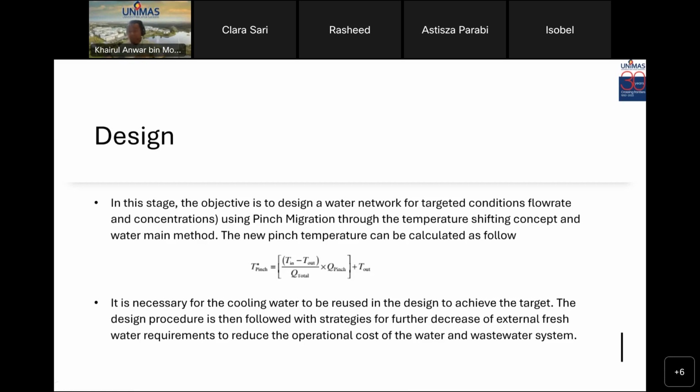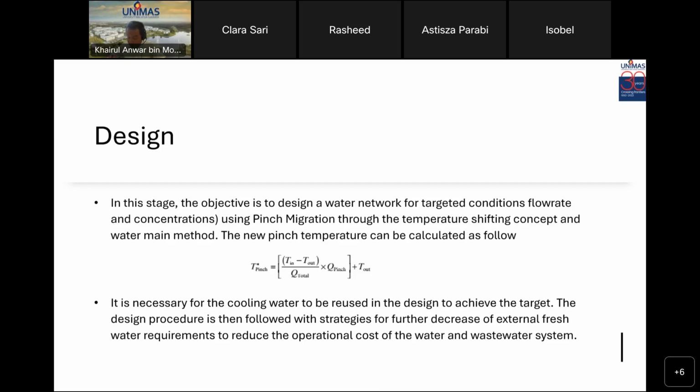That one is the first design, increasing the cycle of concentration in the cooling system. The second one is integration of the ozone water treatment with the cooling system to improve the energy efficiency of the cooling cycle.